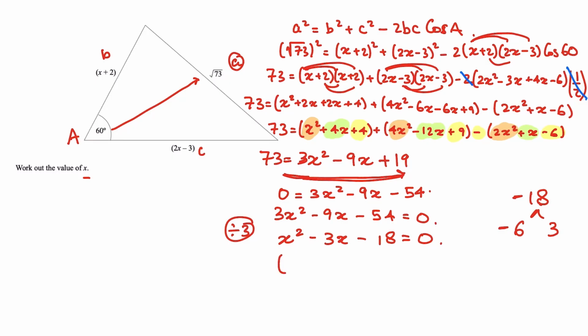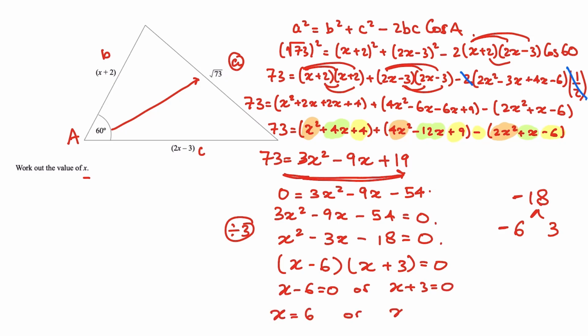So if you rewrite in brackets, that will be (x minus 6)(x plus 3) is equal to 0. So therefore, we can do x minus 6 is equal to 0, or x plus 3 is equal to 0. So we get x is equal to 6, or x is equal to minus 3.